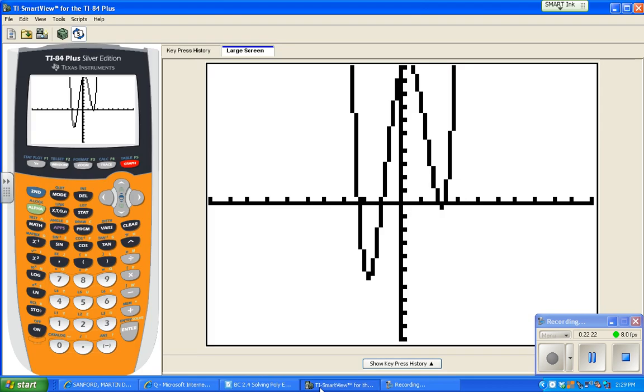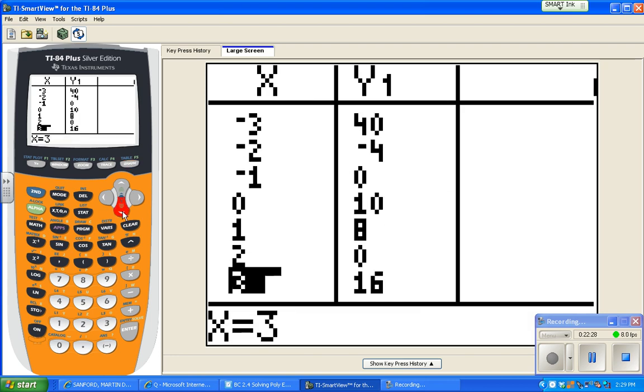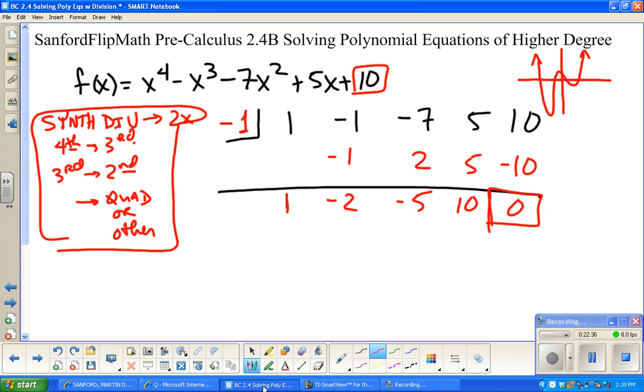So let me go back to the table and see if I can find anything. 2. 2! Awesome. All right, so 2 is a 0. Okay, so we got 1 at -1. The other one is x equals 2.